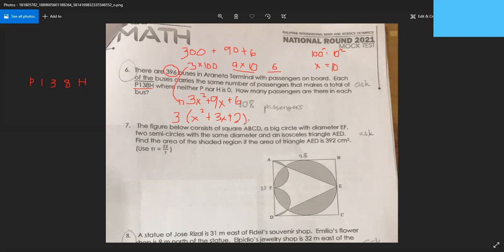Familiar with this one? Okay, good. Now, x squared plus 3x plus 2, we can still factor that. So this will become 3 times x plus 2 times x plus 1.